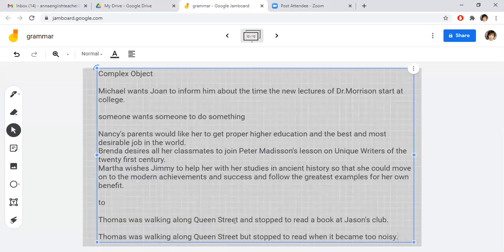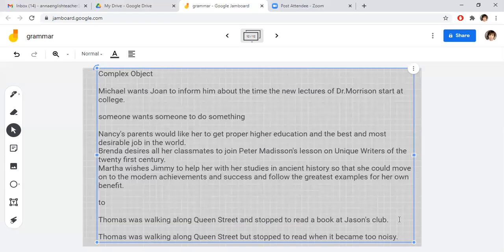Thomas was walking along Queen Street and stopped to read a book at Jason's club. So what happened? He was walking along the street, and in that street there was Jason's club.